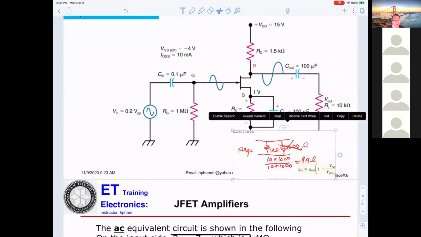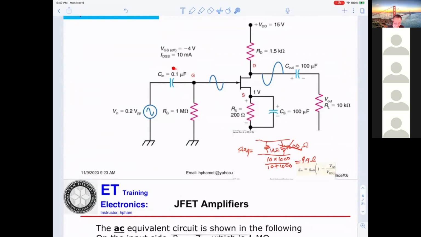Okay, now going back to the circuitry here. Let's name this capacitor here: AC coupling, or DC blocking.